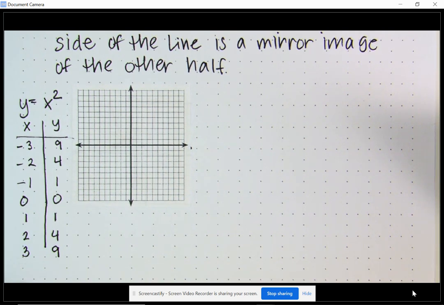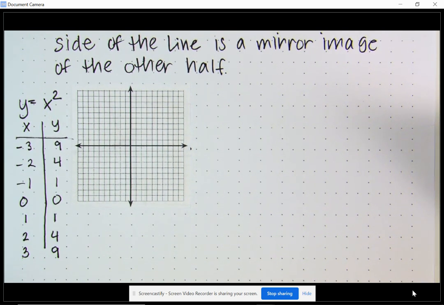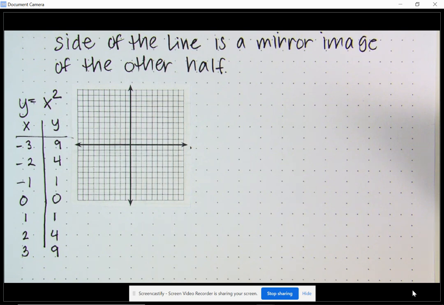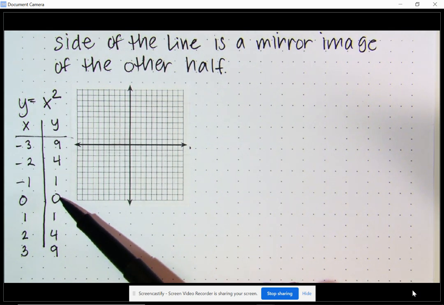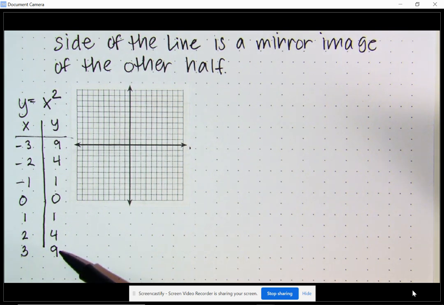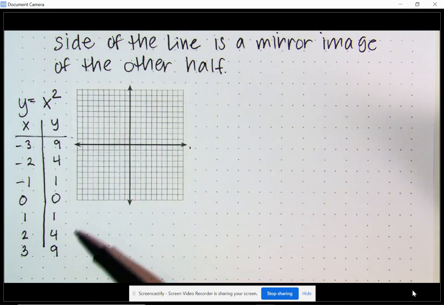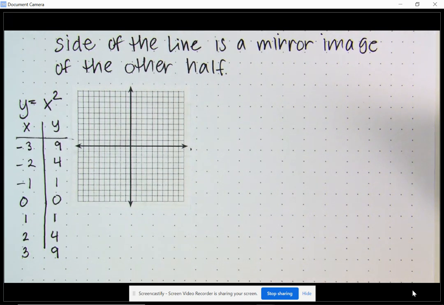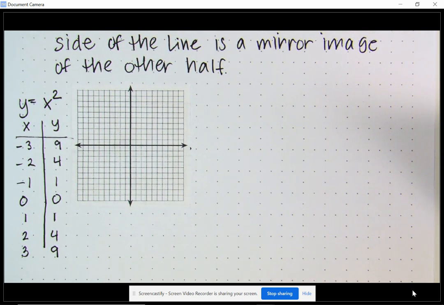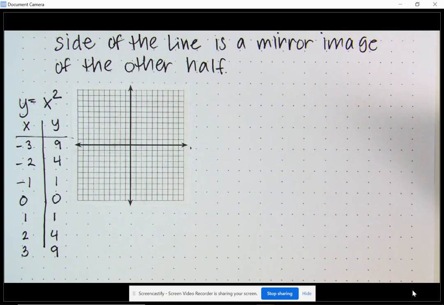Okay. And what you'll notice as you look at my table is that my numbers start large, get to 0, and then get large again. You can also see that I have a 9 and a 9, a 4 and a 4, a 1 and a 1. So hopefully from that you can see the symmetry that's going to happen.